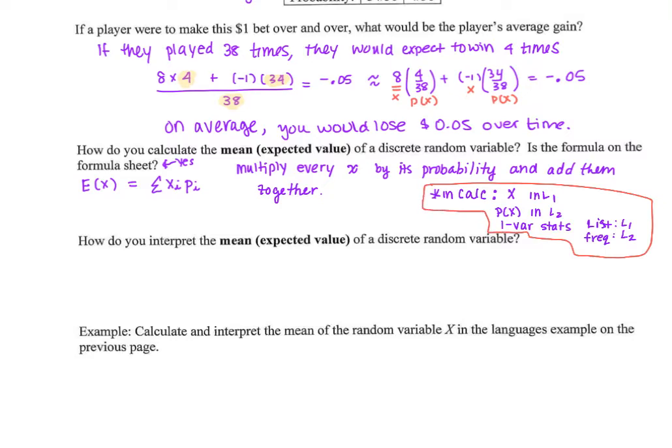Now once you get a mean, you have to know how to interpret it in context. The wording for that is: the expected x in context is E of X, and then use the correct units.